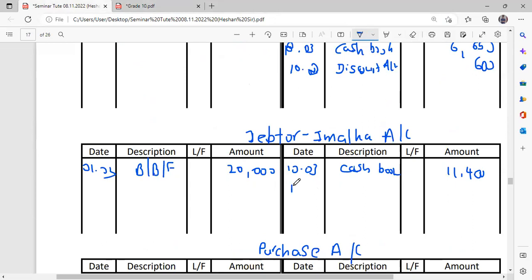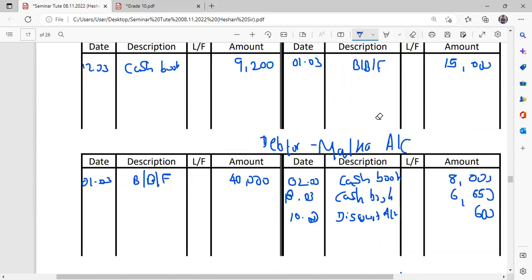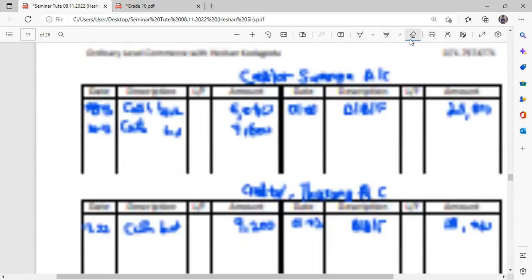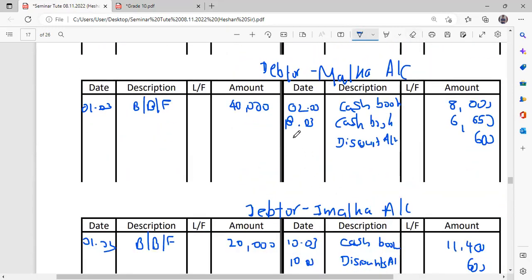Sorry, March 10th. Discounts allowed 600. So now debtor Malka, March 18, 350. 18th March 350.